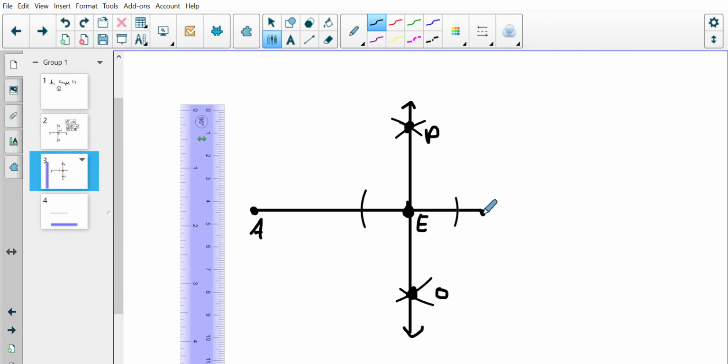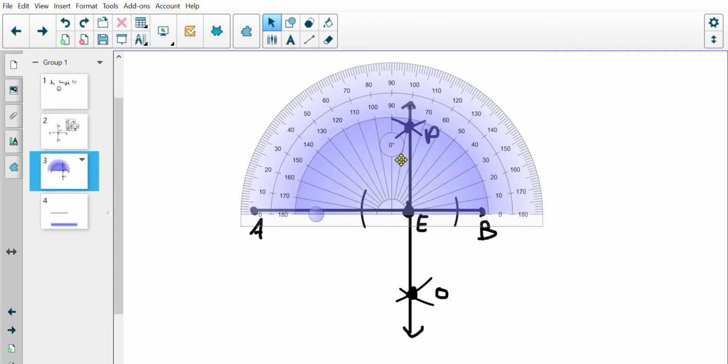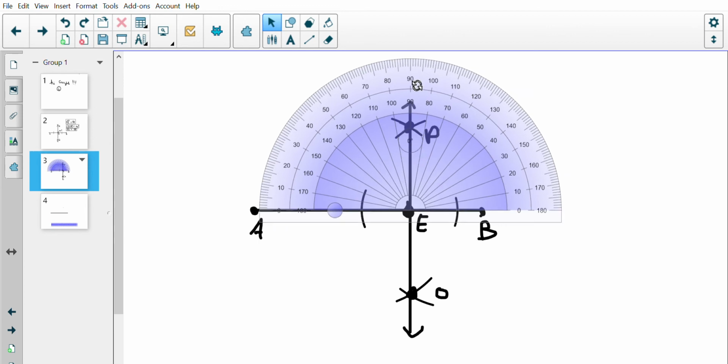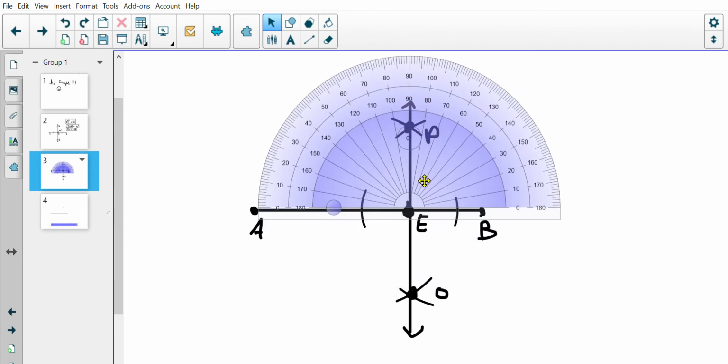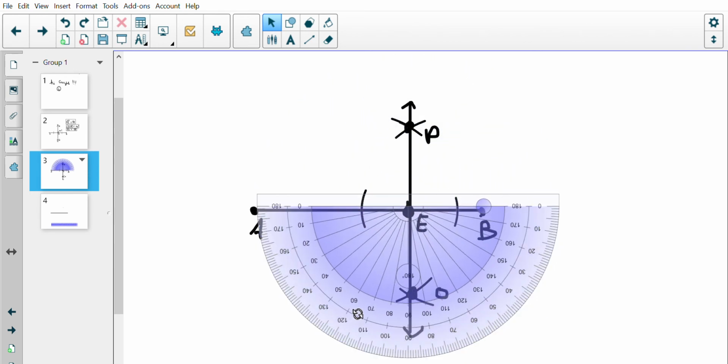Now if you have a close look, using a protractor, this line which we constructed is of 90 degrees. It's passing through both the intersecting points, and it is exactly 90 degrees. This means we have just created the perpendicular bisector of a line segment given on the line.